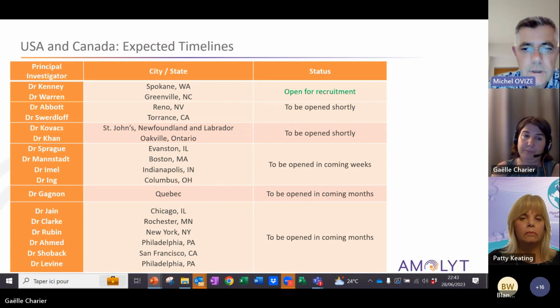So this is the way we have designed the study protocol and the guidelines for the investigators.